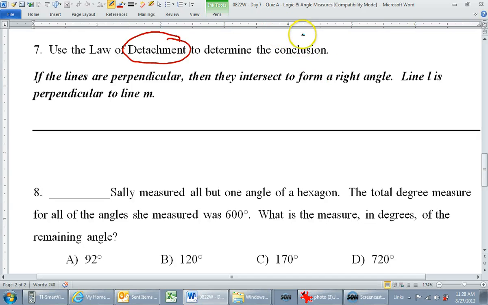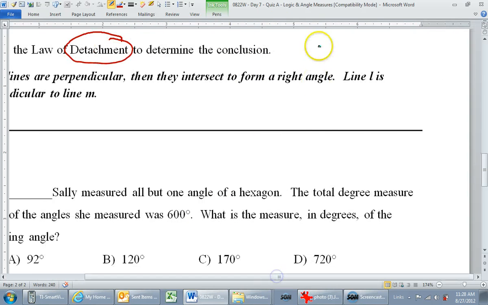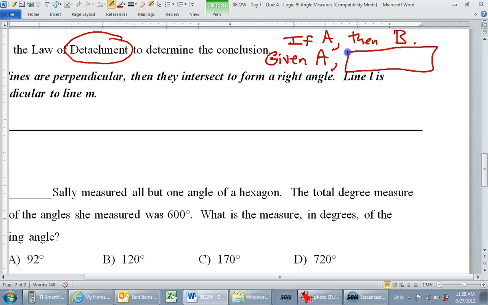Basically, for detachment, it was sort of like this. You had if A, then B. And then you were given an A. And then you were asked for a conclusion. And your conclusion was going to be of the form something similar to B.